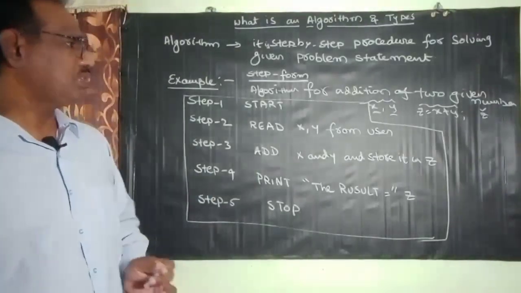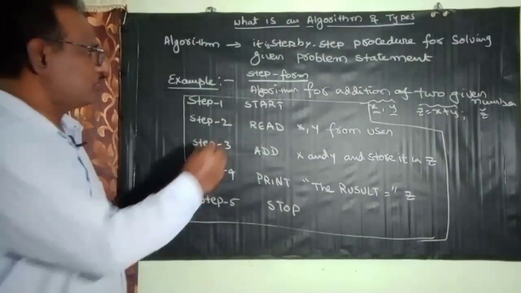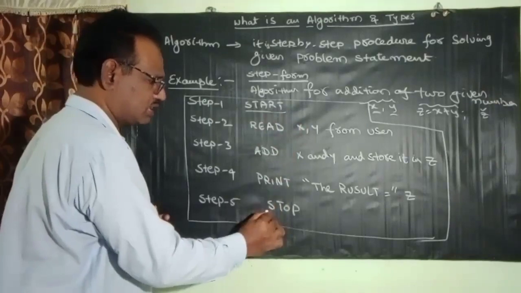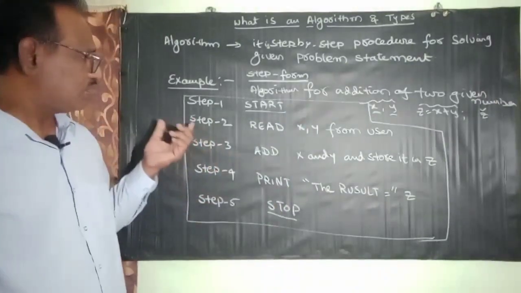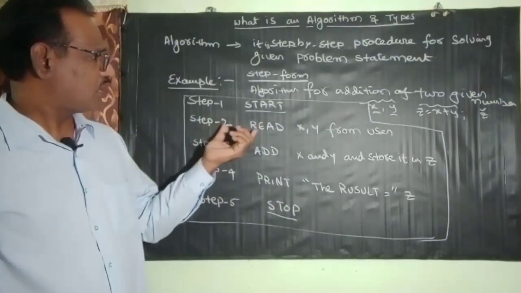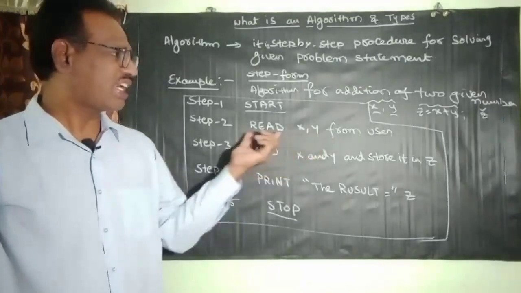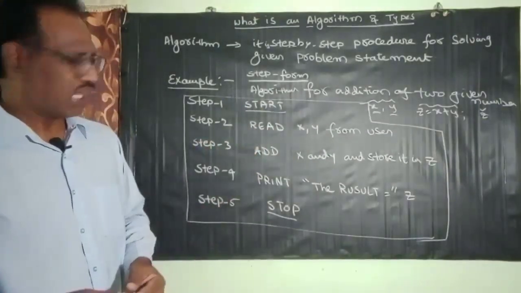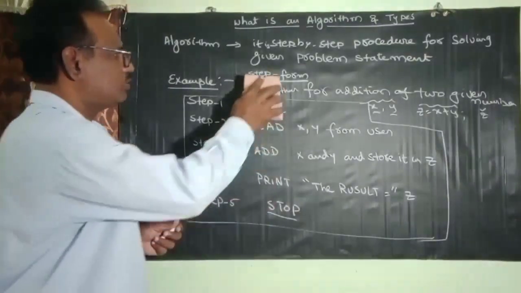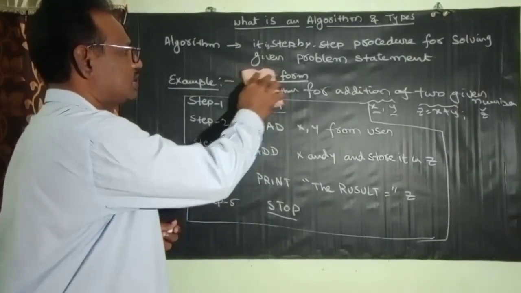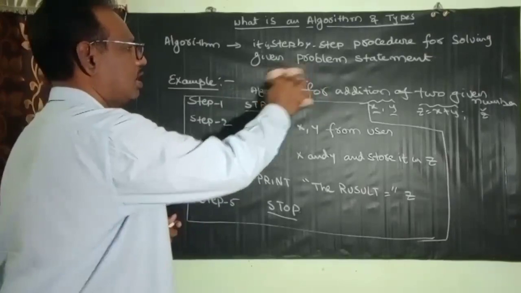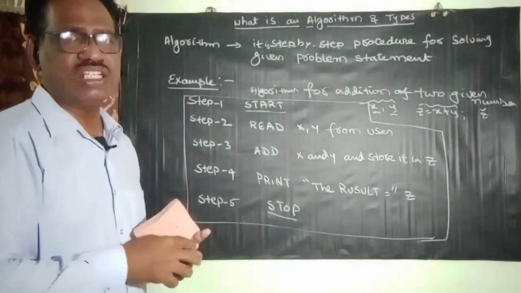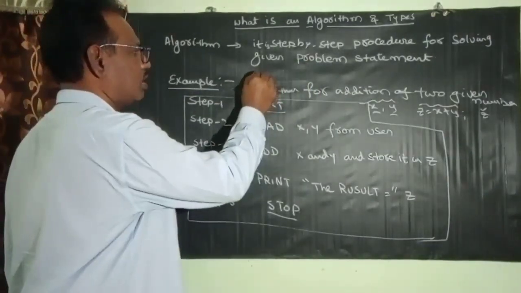In the pseudocode form, I am going to use start as per the syntax. Instead of writing the entire statement, read x and y, x comma y, that is enough. So I am just modifying this in the form of pseudocode. The same algorithm I am rewriting in the pseudocode.